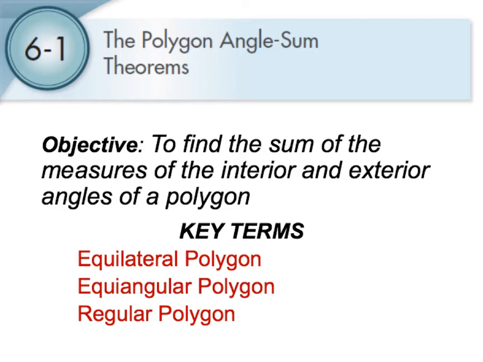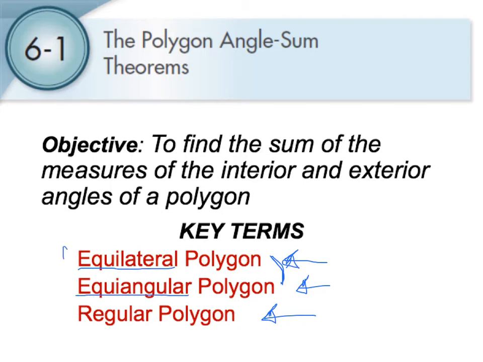So the key things when I'm looking at here are equilateral polygon, equal angular polygon, and regular polygon. Now we've had equilateral and equal angular triangles. Basically what these two mean is that in the polygon, all sides are equal, or all angles are equal.